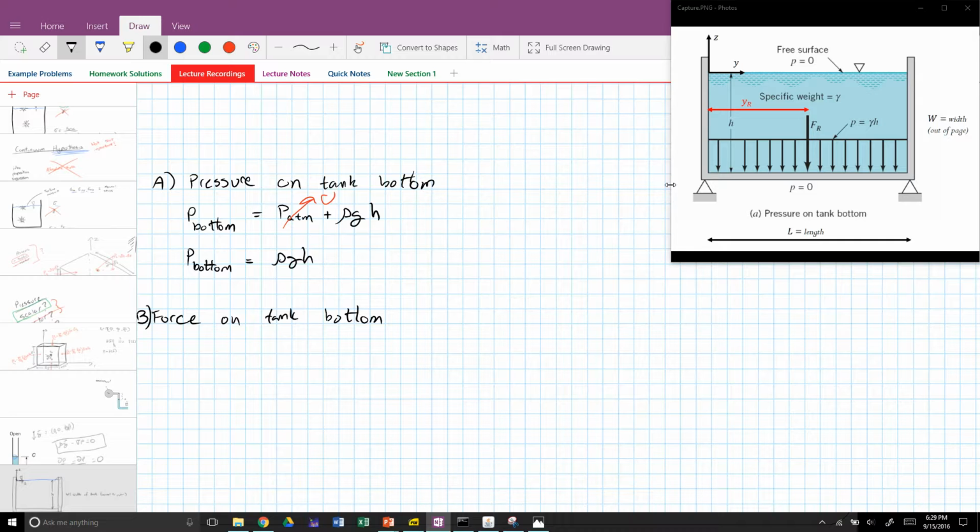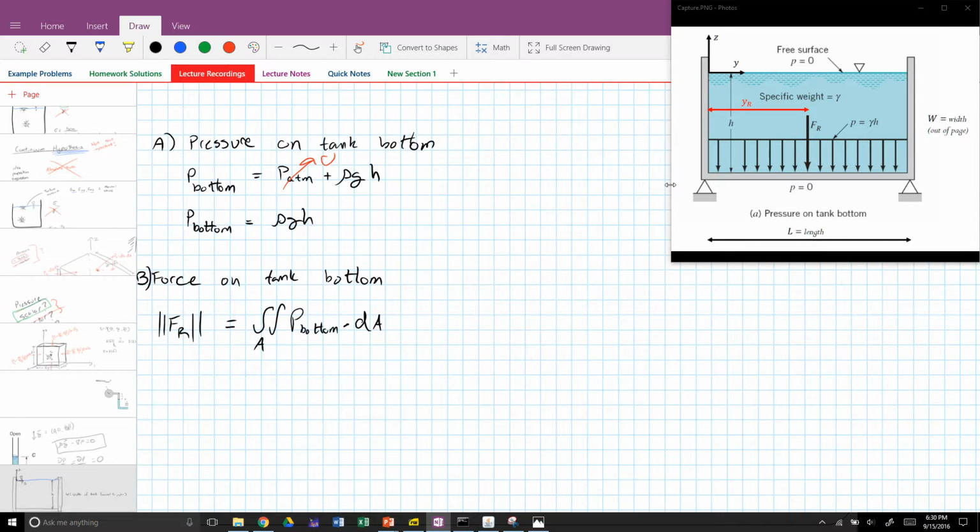So integration gives us F bottom, well, no, let's go ahead and call it FR. The magnitude of this FR is equal to the integral over the area of P bottom times differential area.